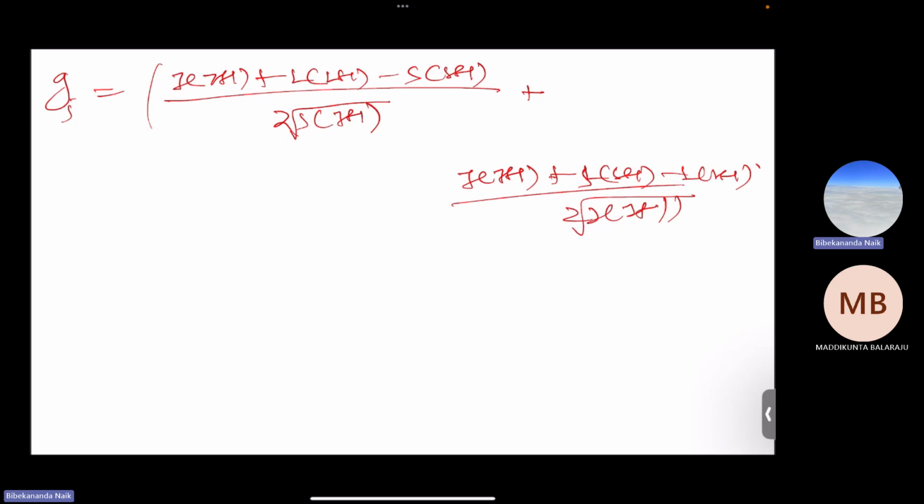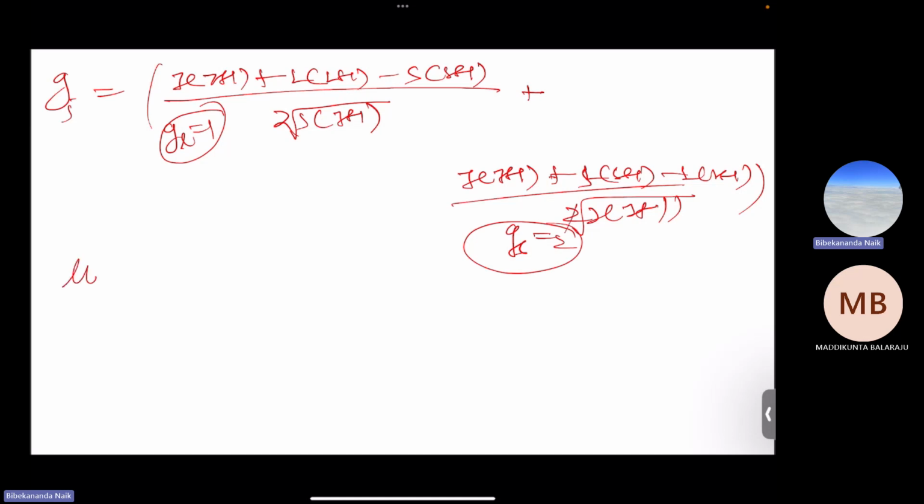But here, this is the mu L term, so GL is 1. This is the mu S term, GS is 2. So these two will get cancelled out, and we will get only J into J plus 1.